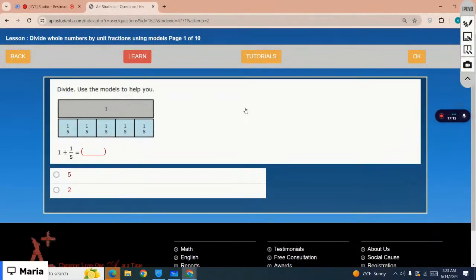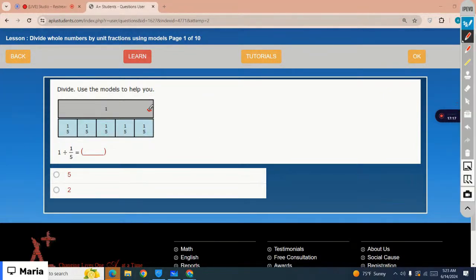Just look at the model. This complete bar represents 1, and all these pieces together equal it. So how many 1 by 5? 1, 2, 3, 4, 5. That means 5 pieces of 1 by 5 together make 1.